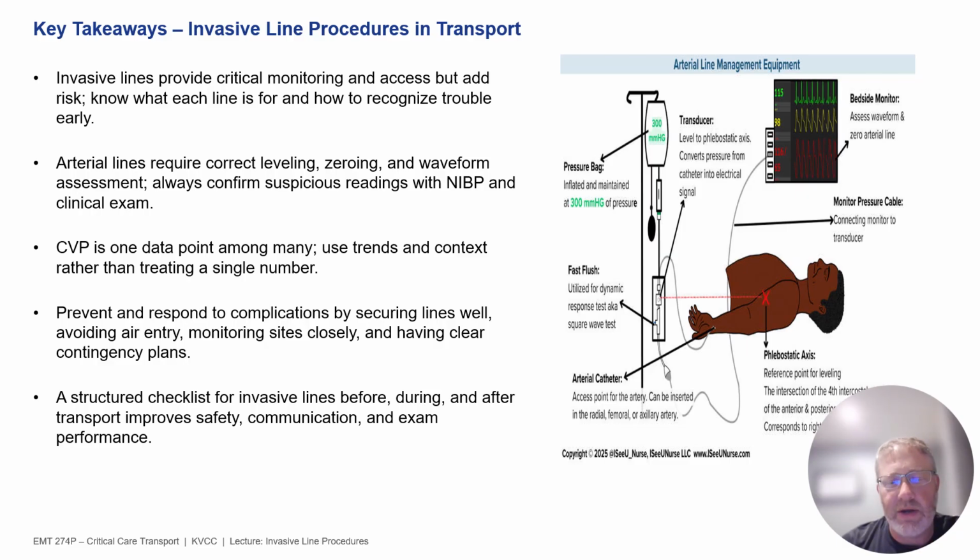Make sure that everything is secure. Make sure that everything is labeled. Always inspect each site for anything that looks awry, and then verify this. Verifying the systems can take just a couple of minutes, and they can prevent disasters that'll take hours to manage, and really cause you a lot of grief during the transport.